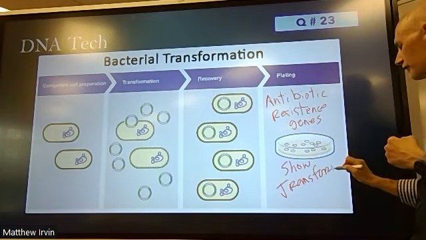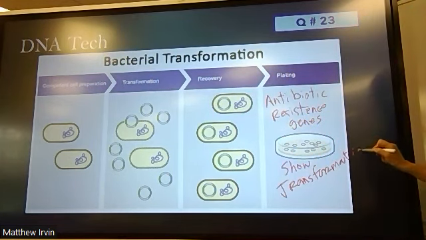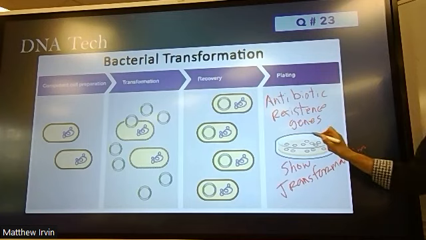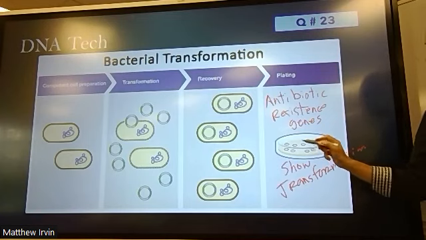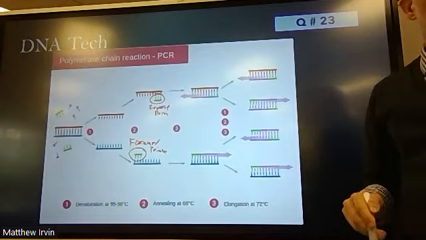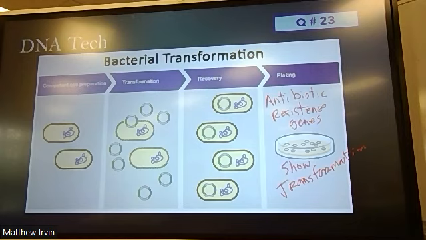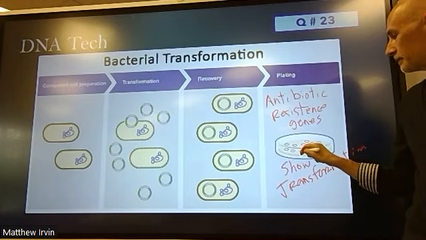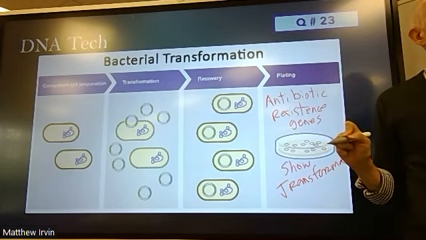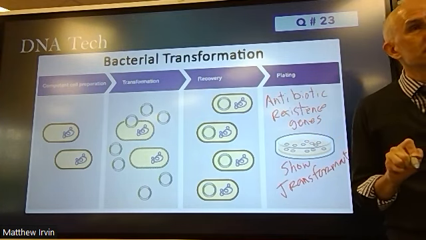If you didn't have the antibiotic resistance gene, what would this plate look like? Where is the antibiotic that we're resisting?